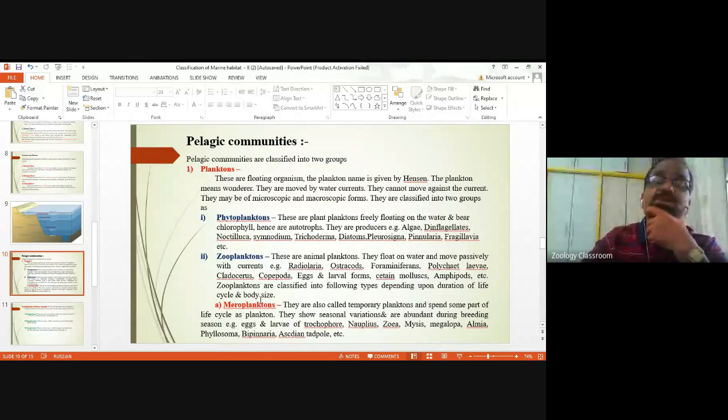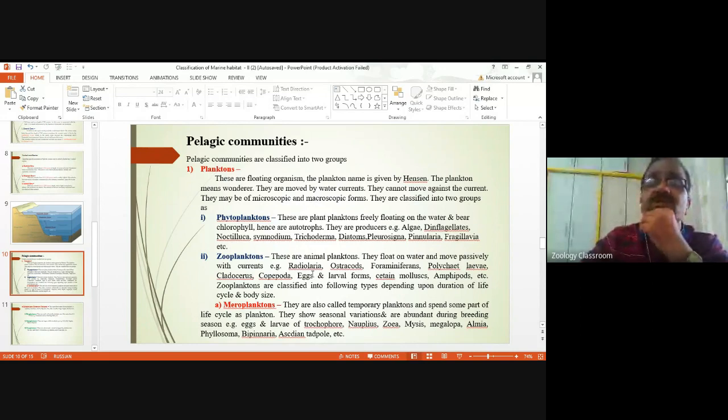As far as the zooplanktons are concerned, these are all animals. These are organisms which have locomotory organs, but they cannot withstand the water current. So they move passively along with the water, or they float on the water. These zooplanktons and phytoplanktons contribute a lot as food of the fish and other aquatic organisms.